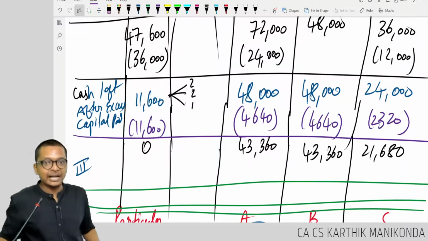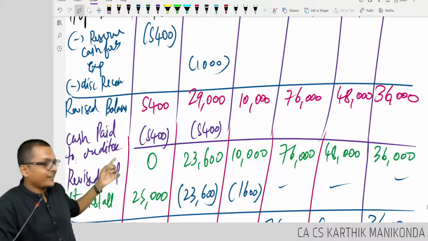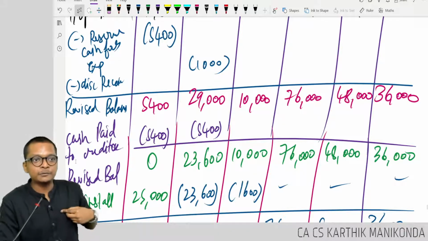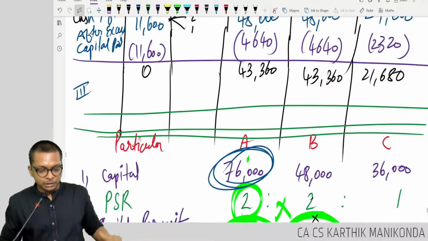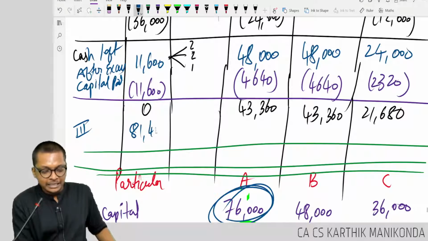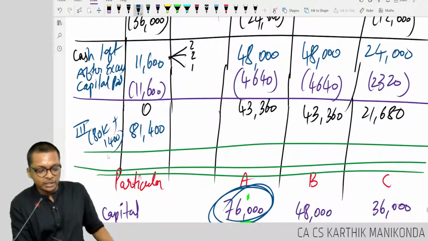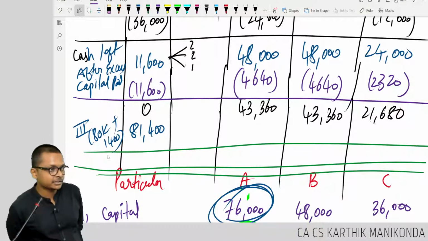That means in the start of the sum, how much cash did you save for expense? 5,400, but the actual expense was only 4,000. That means you will get back how much? 1,400. That means last installment available cash is 81,400, which is my 80,000 plus 1,400, which I didn't use in the starting. Correct? Are you following, guys?